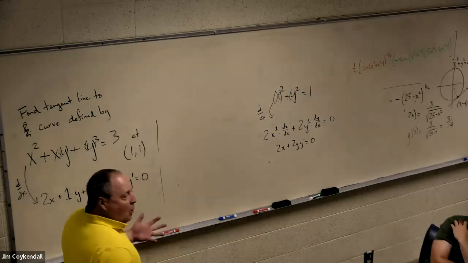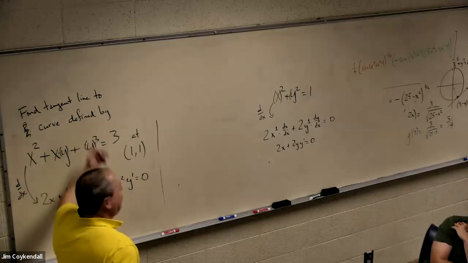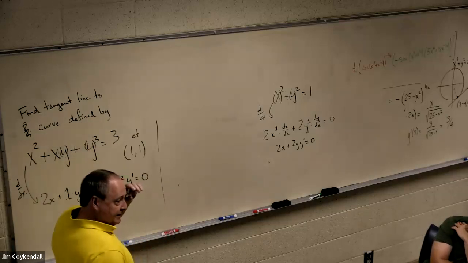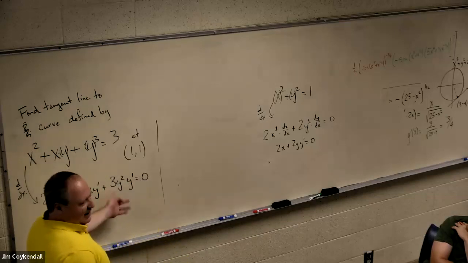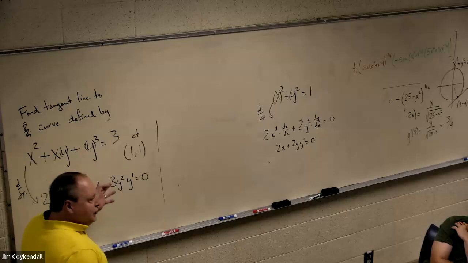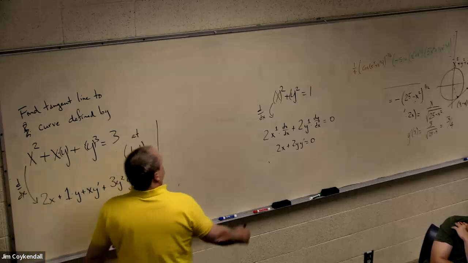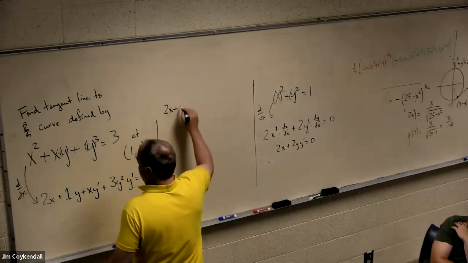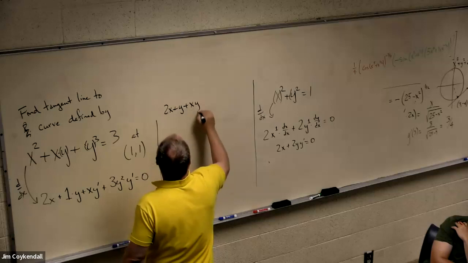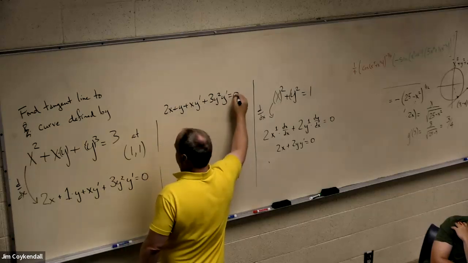Okay, so I need to find y prime to find this tangent line. Everybody agree with that? I could solve for y prime, but please don't. Just go ahead and plug in. Here's the equation I have: 2x plus y plus x y prime plus 3y squared y prime equals 0.